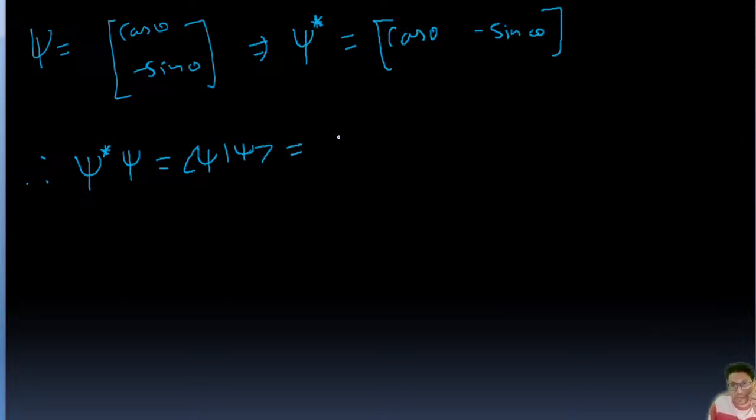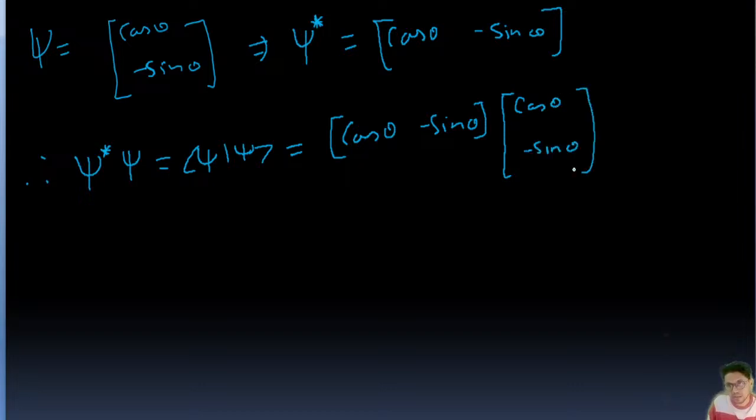This is going to be the row matrix cos theta, minus sin theta times the column matrix cos theta, minus sin theta, which gives cos square theta plus sin square theta, and this is going to be 1. This implies psi star psi equal to 1.